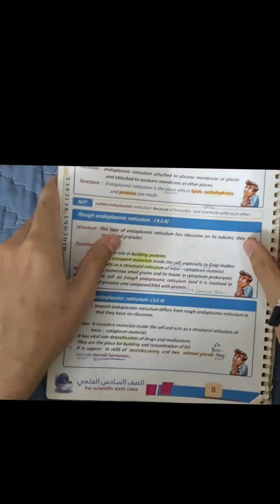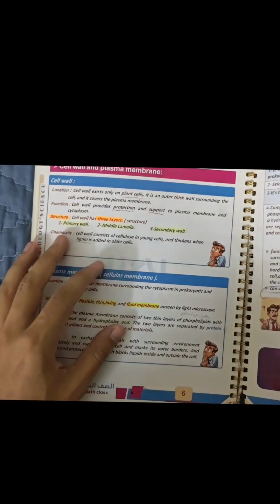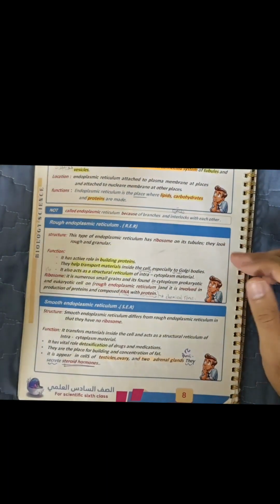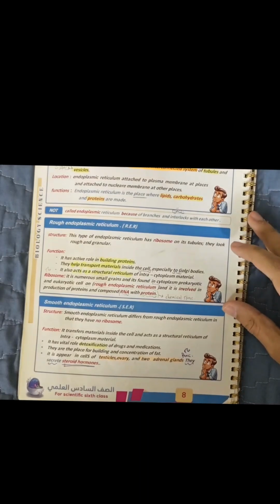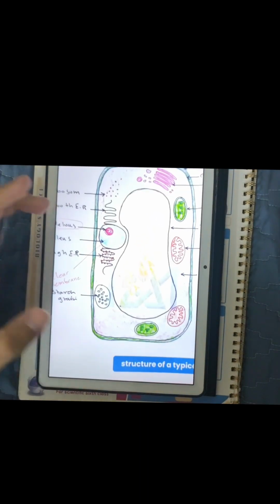Let's go here. Now, let me show you a picture of what it meant. It said it represents the part that lies between the nucleus and plasma membrane. Let me show that real quick. Typical plant cell, as we said.